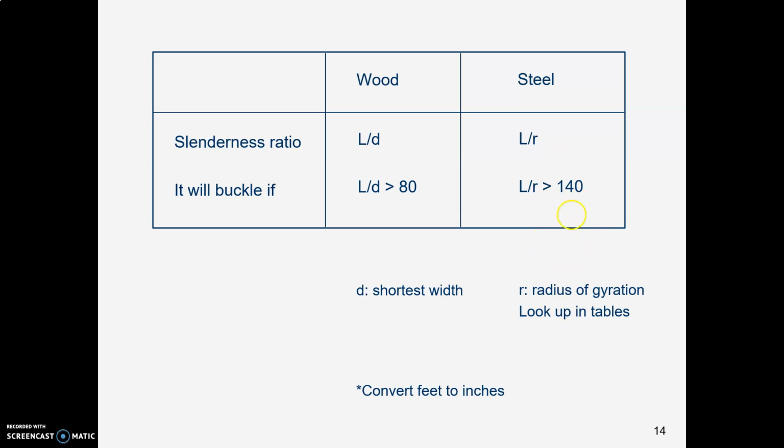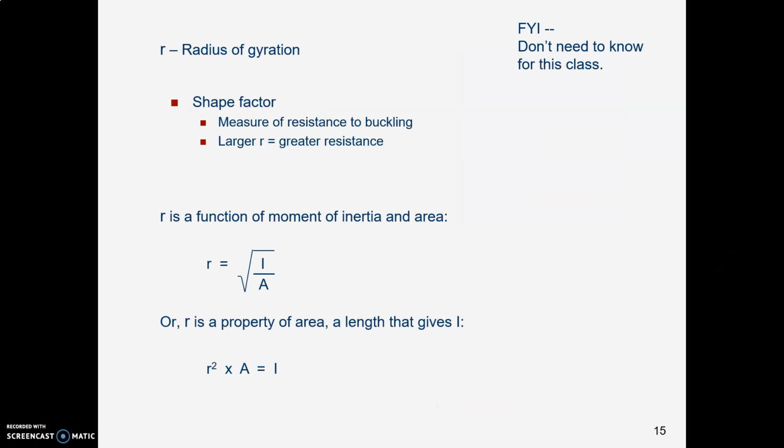And if that number is greater than 140, it will fail by buckling. And I added a note at the bottom: be sure to convert feet to inches before you do this. I stuck in this slide, in case you're interested, here's what radius of gyration is. Don't worry about it. If you're interested, look at this. If you're not interested, we'll move on.